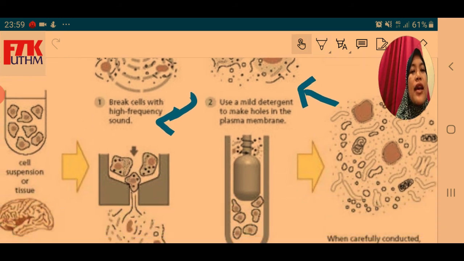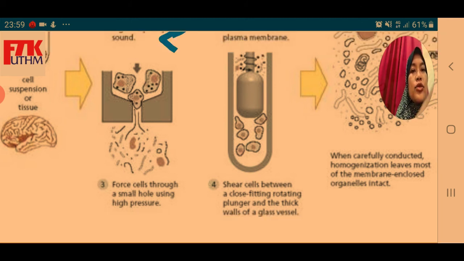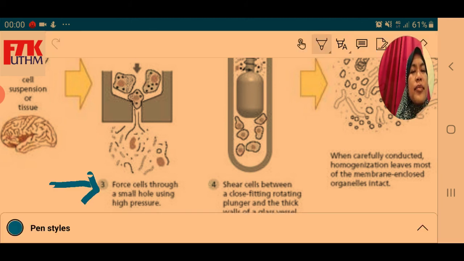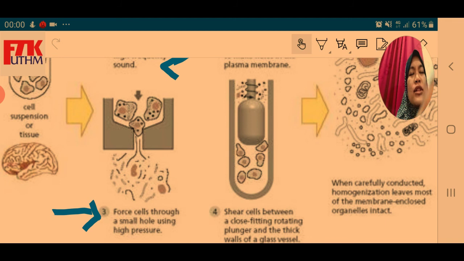And the third one is to use pressure to force cells to go through a small hole. This one we will cover as well.